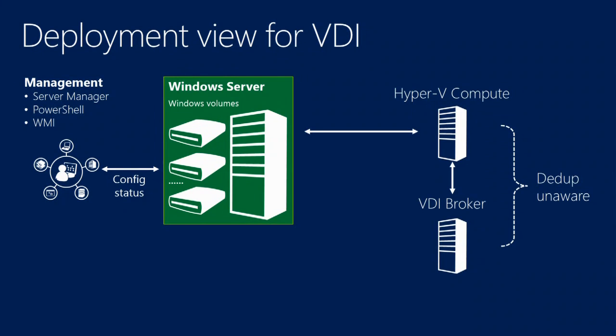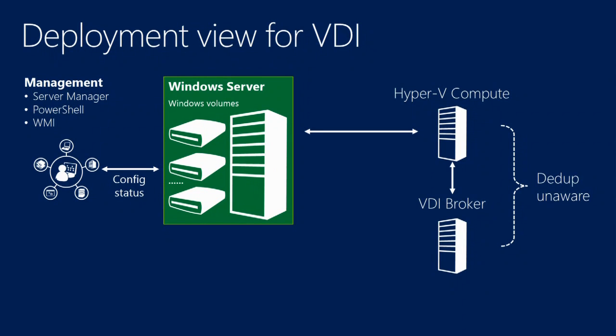For VDI, the deduplication server needs to know that it's Hyper-V asking for it, but the Hyper-V doesn't have to know about dedupe, which means that you can deploy this with Windows Server 2012 Hyper-V compute clusters. You don't have to upgrade those to R2 to be able to take advantage of deduplication on the file server. You do have to have R2 for the file server, of course.